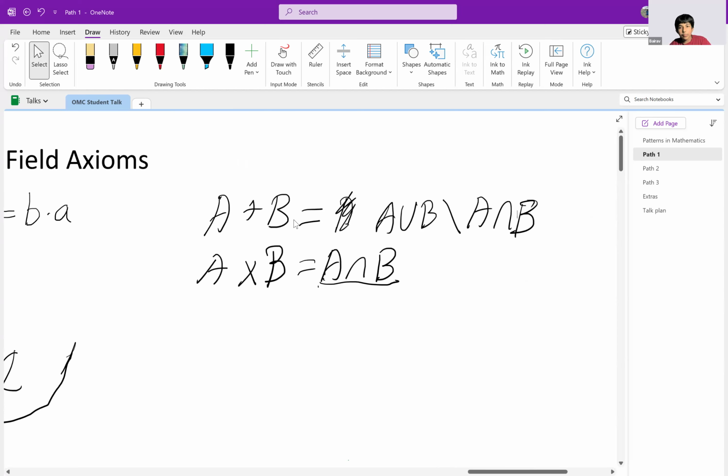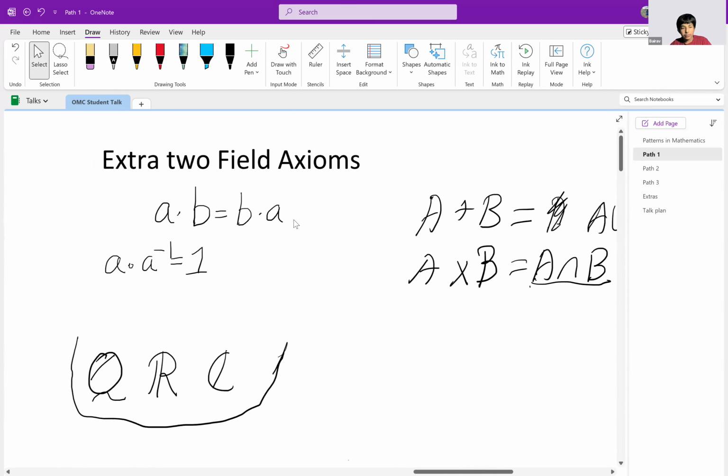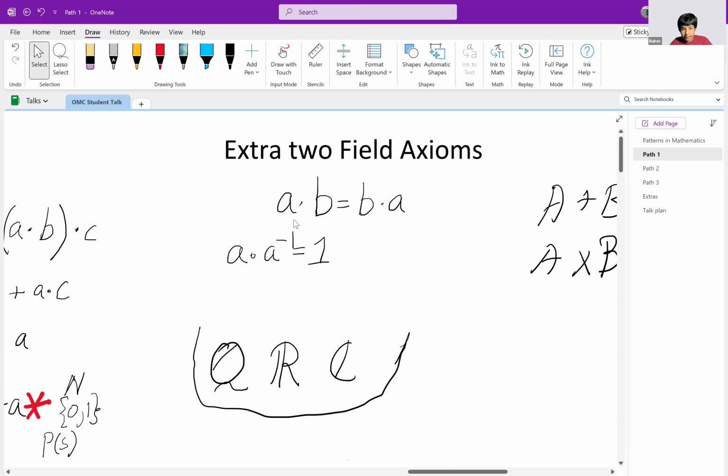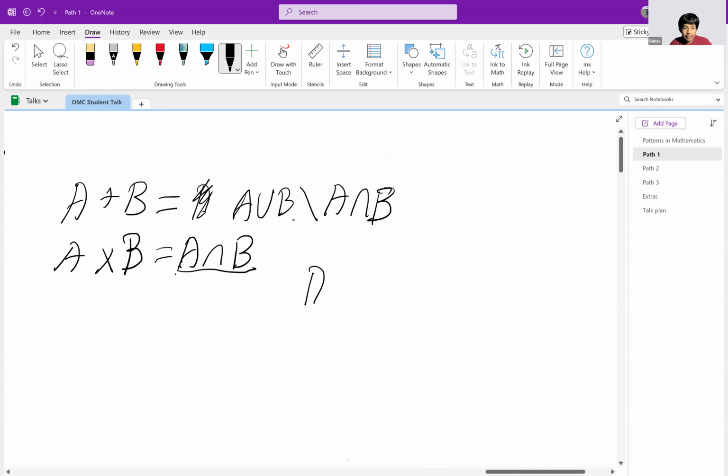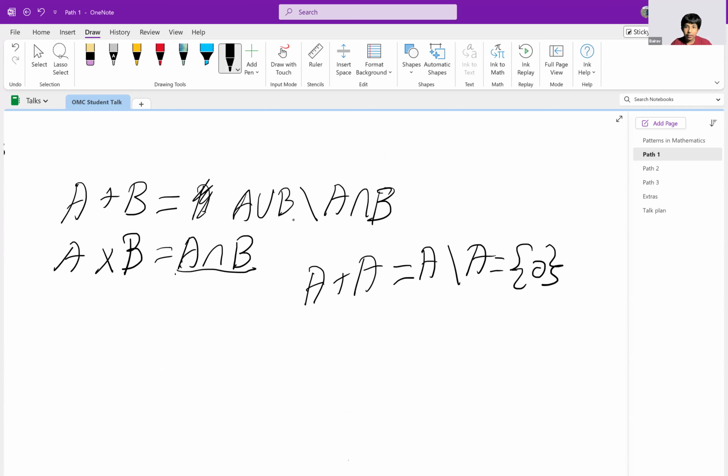But just a second, sorry. If we look at additive inverse, we can actually take A plus A, which is just A minus A, which is the empty set. But what do we take as 1 exactly?